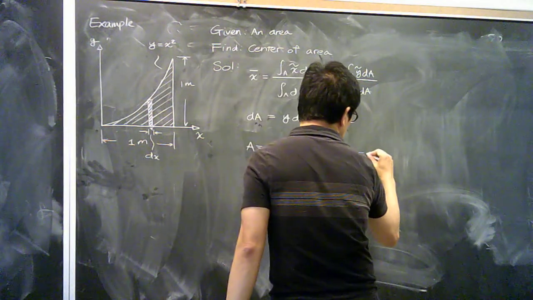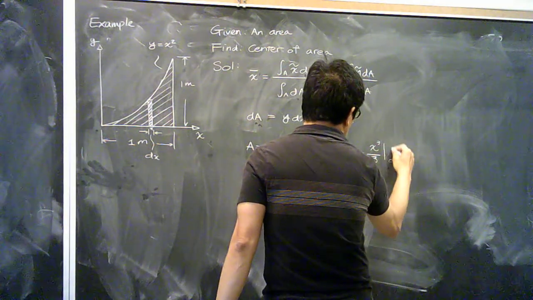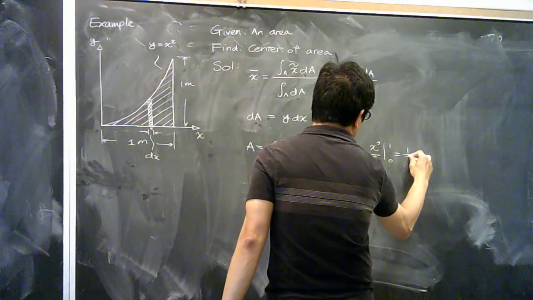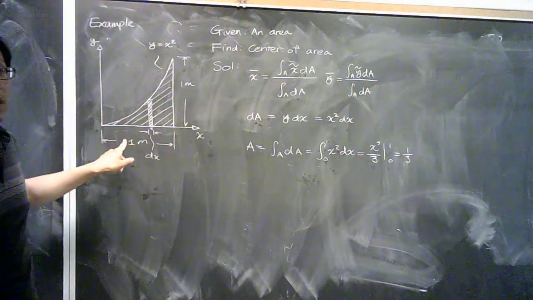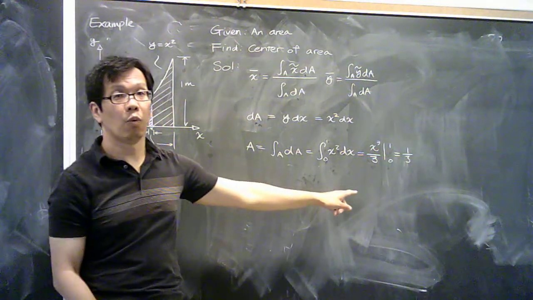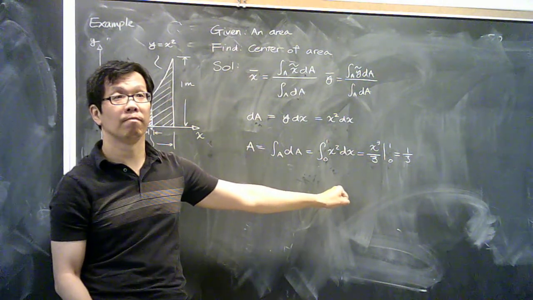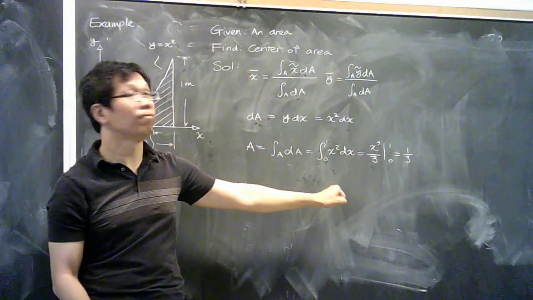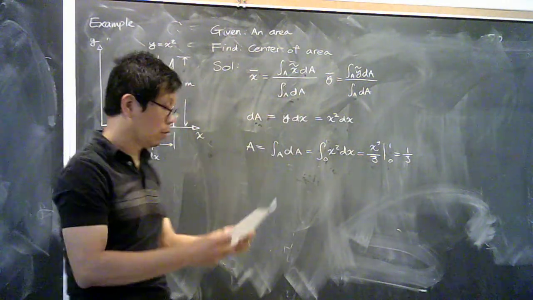It becomes 1/3. So the area of this shaded part over here is 1/3. Does that make sense to everybody? Okay, so those two parts we no longer need to worry about.